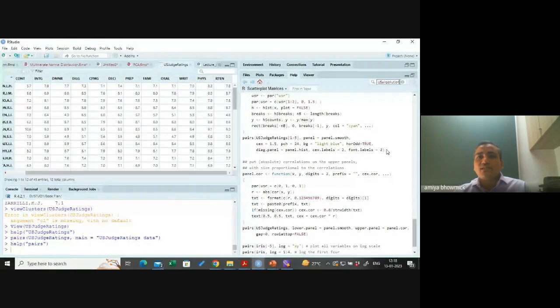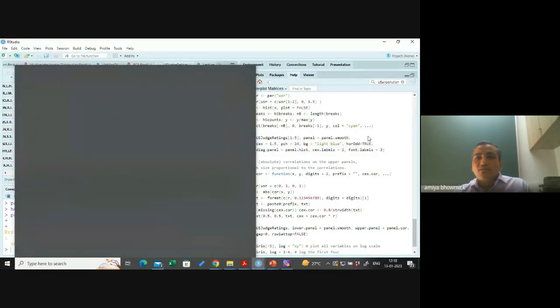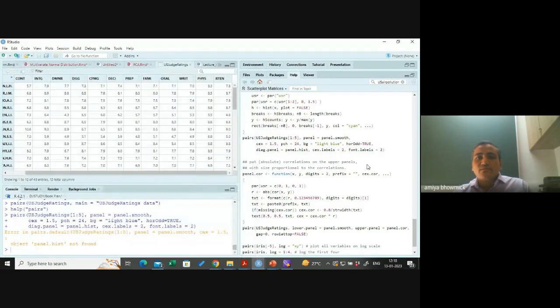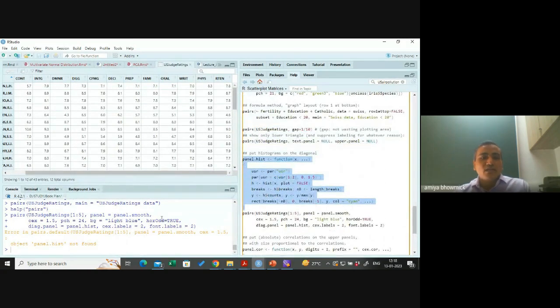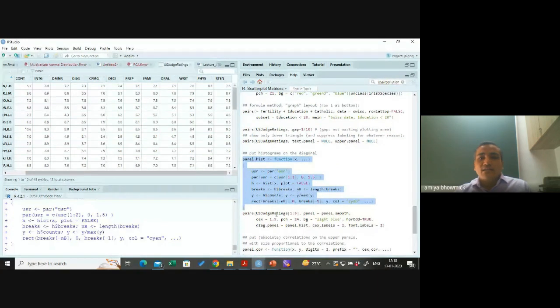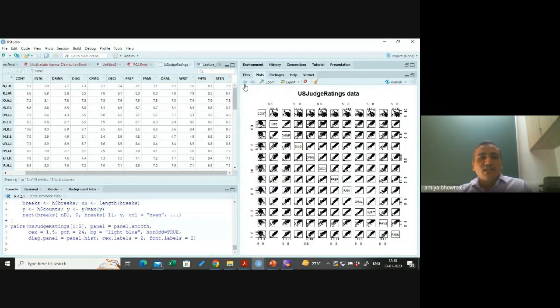This is one of the examples; you can take some examples from the existing help file. I think I need to define panel.keys. You can define a function and then pass that function for whatever kind of thing you want in the diagonal panels. This was the basic pair plot.